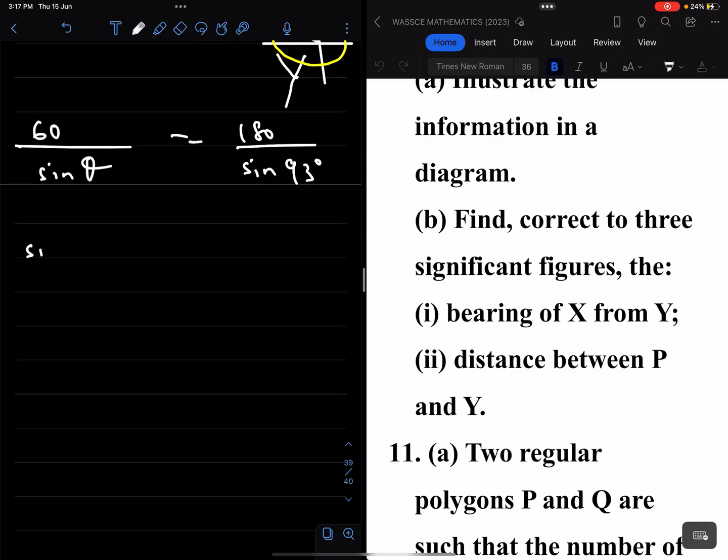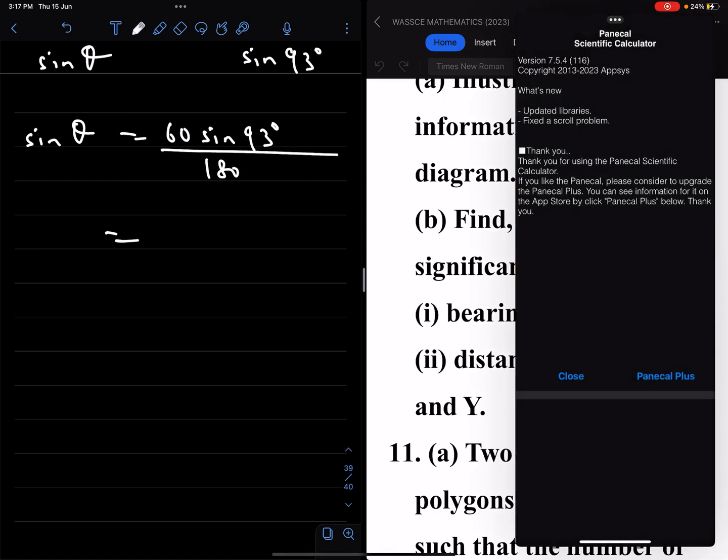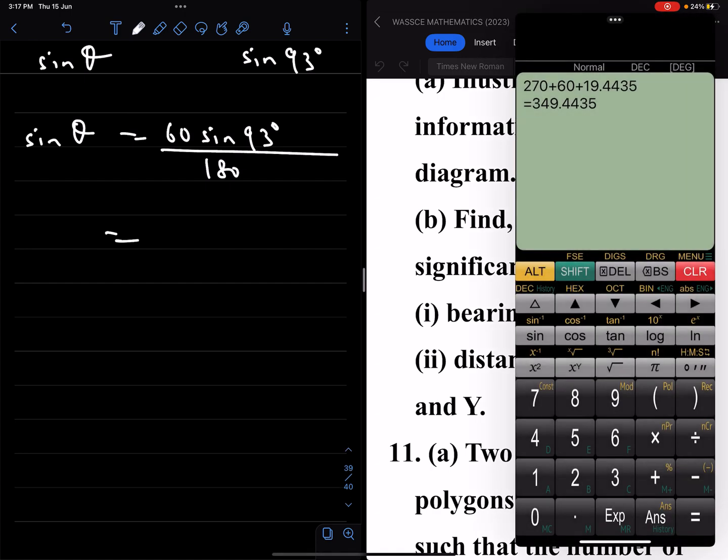That simply means sine theta is equal to 60 sine 93 degrees over 180. Let's check that: 60 sine 93 divided by 180, and that's 0.3329.